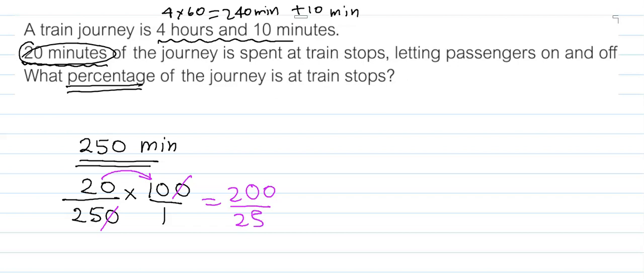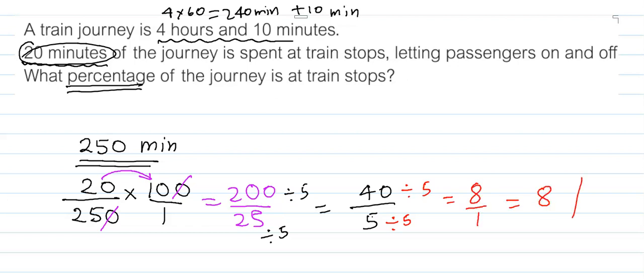If you want, you can simplify or you can easily divide 200 by 25. So let's divide by 5 here and divide by 5. So 25 divided by 5 is 5 and it is 40. And again you can divide by 5. So it will be 8 over 1. So that is 8%.